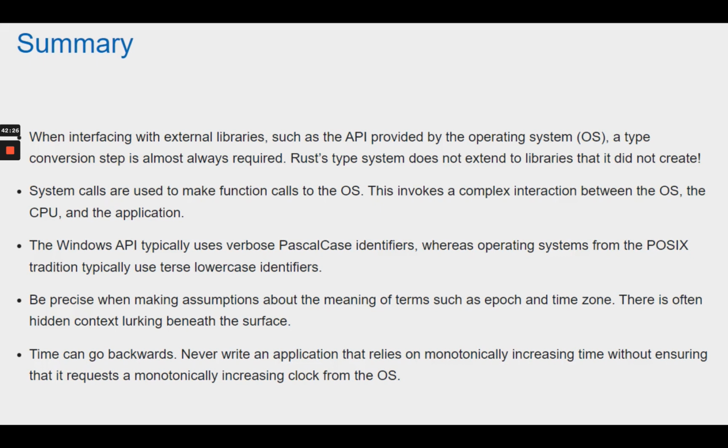Be precise when making assumptions about the meaning of terms such as epoch and time zone. There's often hidden context lurking beneath the surface. Time can go backwards. Never write an application that relies on monotonically increasing time without ensuring that it requests a monotonically increasing clock from the OS.